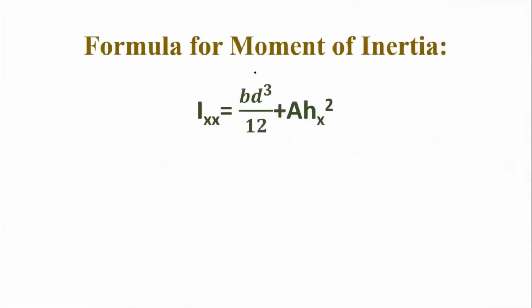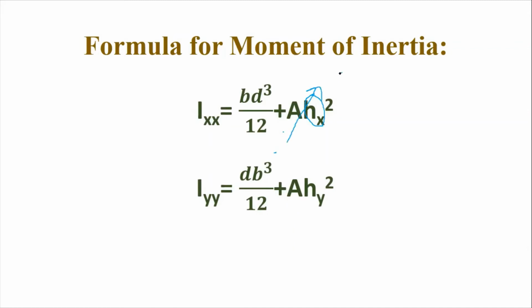In this formula for moment of inertia, Ixx equals b d cube upon 12 plus A hx square, and Iyy equals d b cube upon 12 plus A hy square. If hx is 0, what does it mean? This term will become completely 0. And this will also become 0 because hx and hy are 0.